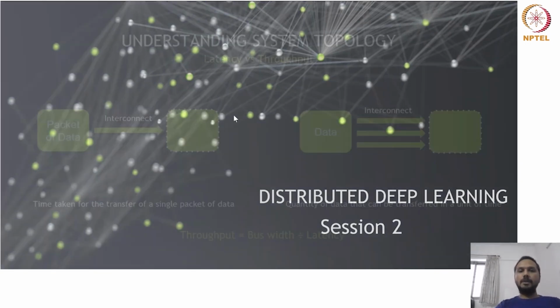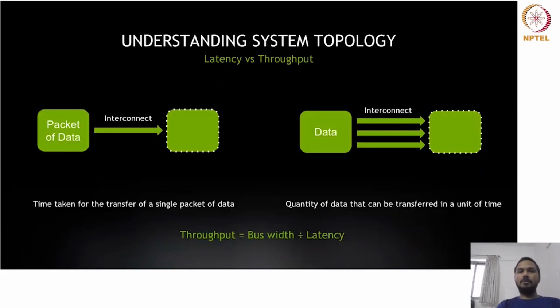The first thing that we talked about during the session was also the necessity of understanding the system topology. We introduced you to two particular concepts, latency and throughput. Latency is nothing but the time taken for the transfer of a single packet of data. How much time does it take for me to reach from one destination to the other?